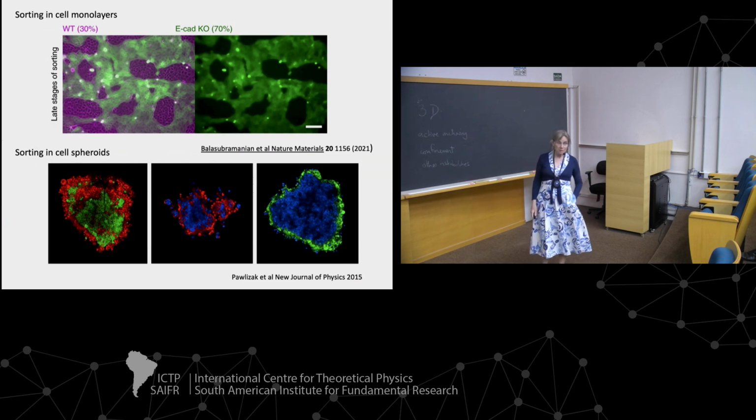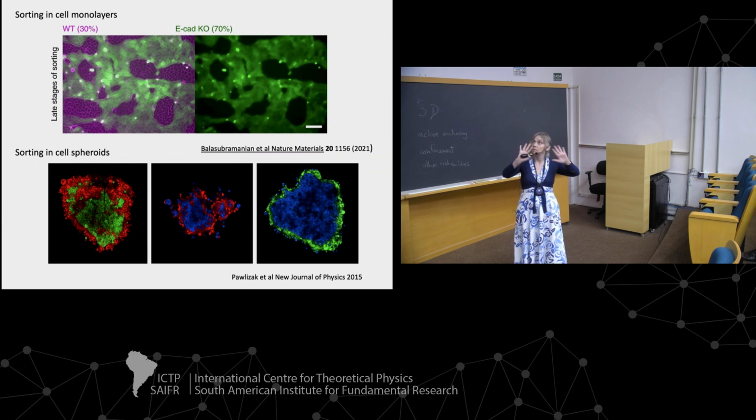That might be right. But what we were thinking is that these cells are active. These are active particles, yeah? So can activity do this for you? Let's have two systems where the thermodynamics is identical. So the thermodynamics would be identical in the purple system and the green system.